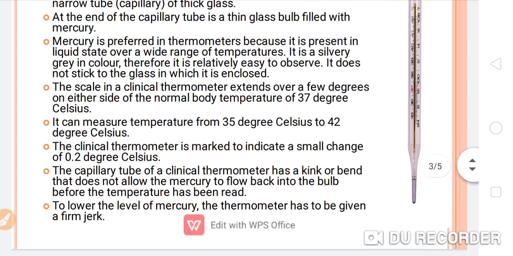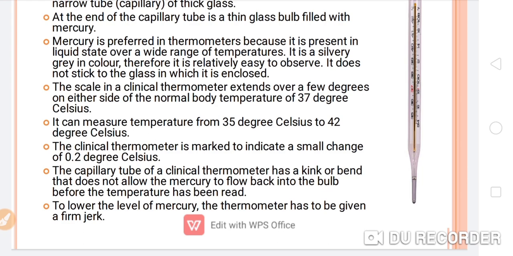Mercury is preferred in a thermometer because it is present in liquid state over a wide range of temperatures, means at 35 degrees Celsius, 37, 38, it will exist in liquid state. It is silvery grey in color.